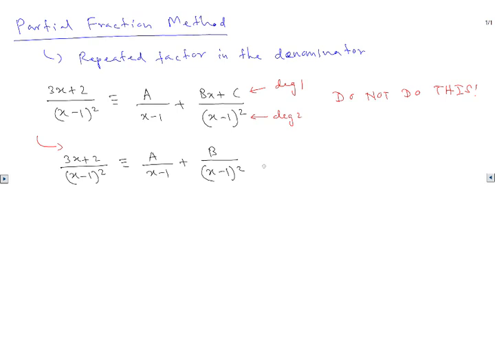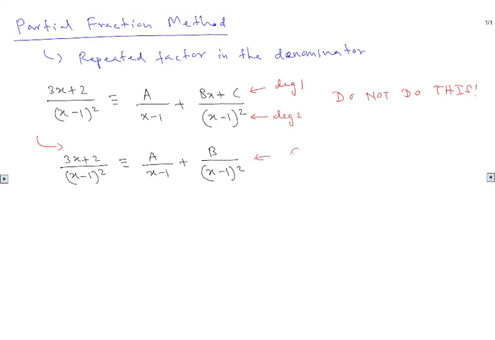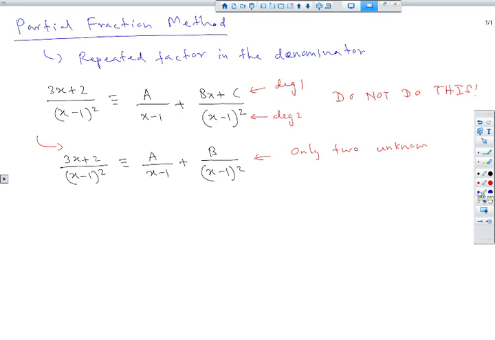So we have only 2 unknowns, which means it's easier to solve. The format follows the format of the first term: the first term is just a constant, so everything else can follow the same format. So this is the reason, and this is why we can do this.